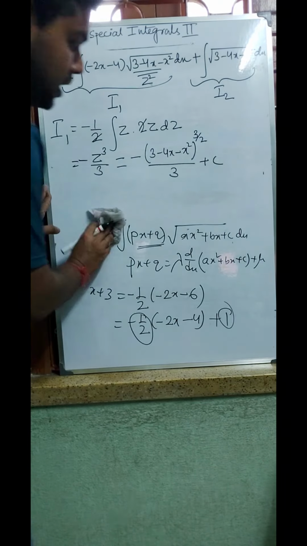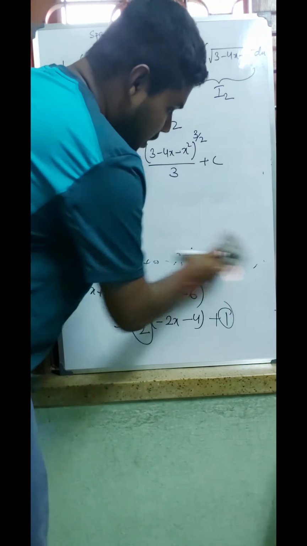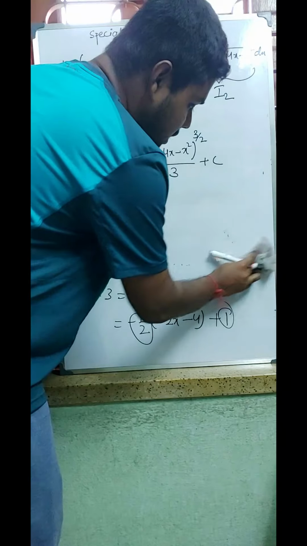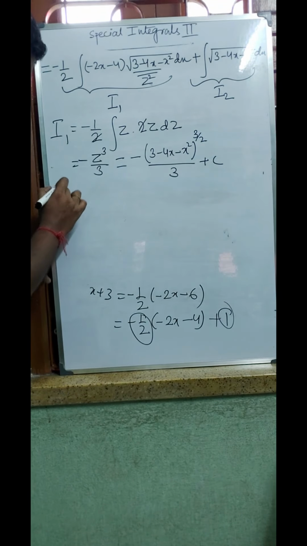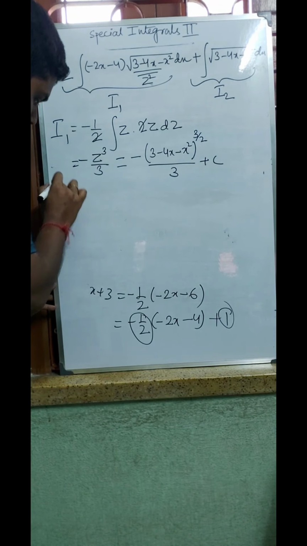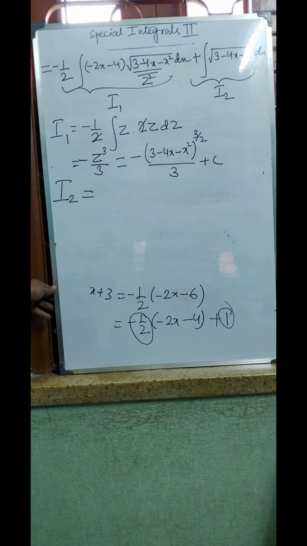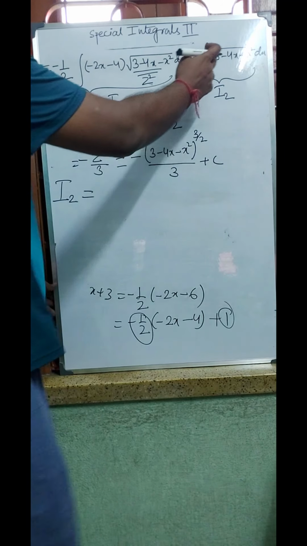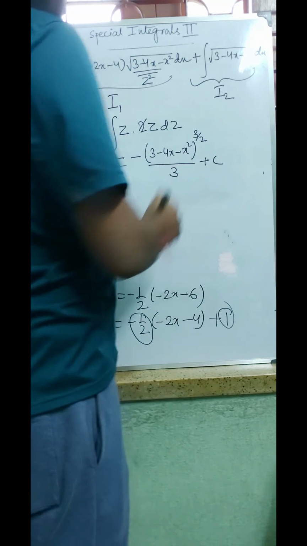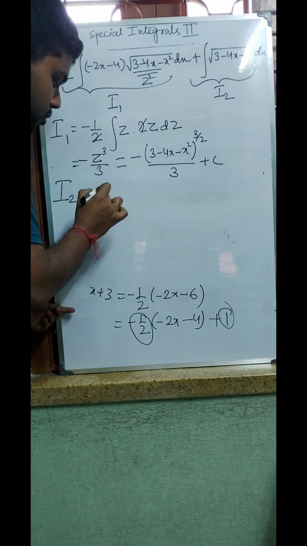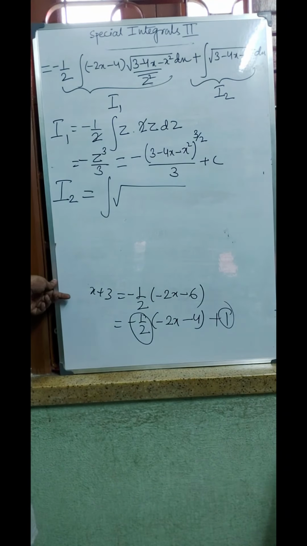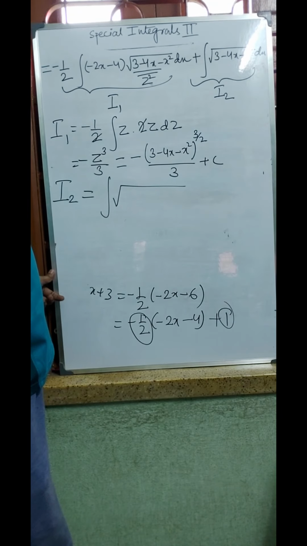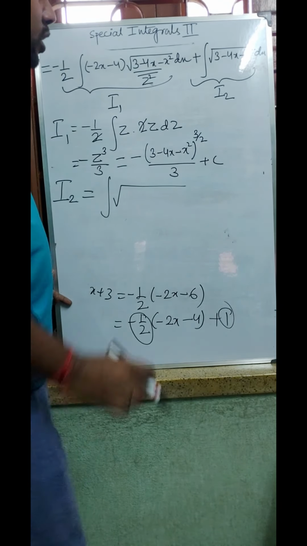Then the second part will be normal integration we just did in the previous problem. So in the second part, first I have to make it in the whole square form. So if I try to write it in the whole square form, 3 minus 4x minus x square, I have to add a 4 and subtract a 4.